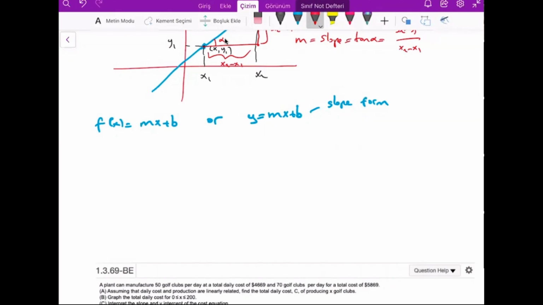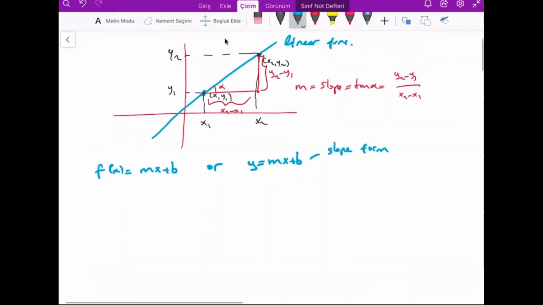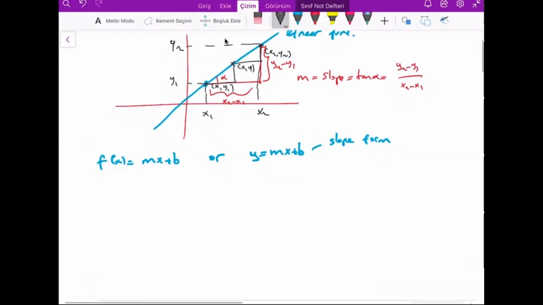Let's write this form. Choosing an arbitrary point (x, y) here, this slope and this slope are the same. Let's write these two slopes.